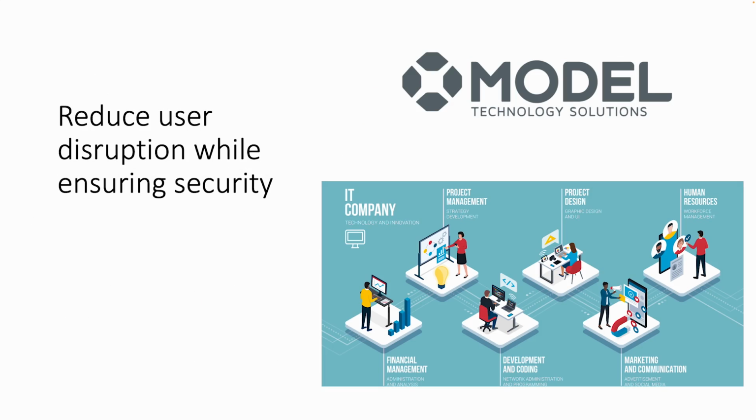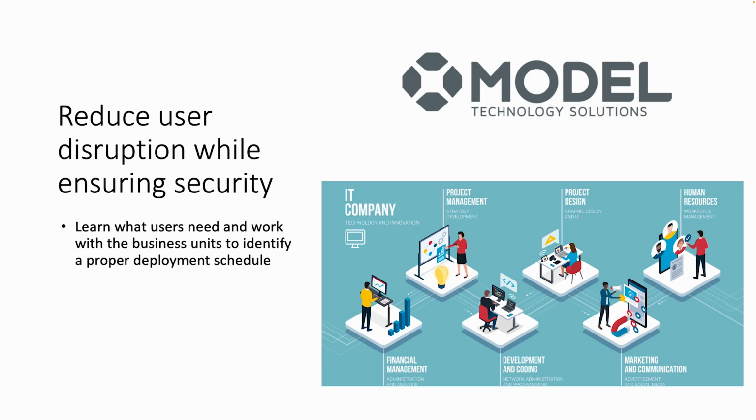So we talk about this idea of reducing user disruption while ensuring security. There is a fine balance of being secure and then enabling people to do their job. You can certainly hinder people's progress by being too secure, if your security practices are so stringent that they cannot seem to move throughout their day fluidly without disruption.